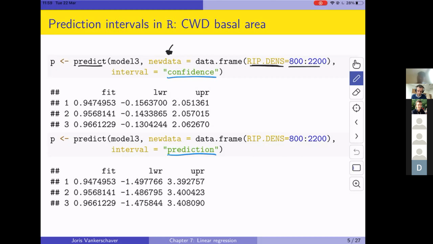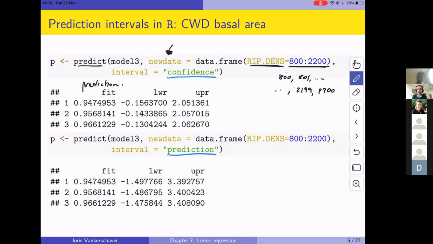So this syntax in R gives you a list: 800, 801, and so on to 2199, 2200. For each of those riparian tree densities, we want to know what is the corresponding basal area and how confident we are about it. And then what you get back is another data frame with 3 columns. The first one is the fit, the actual prediction.